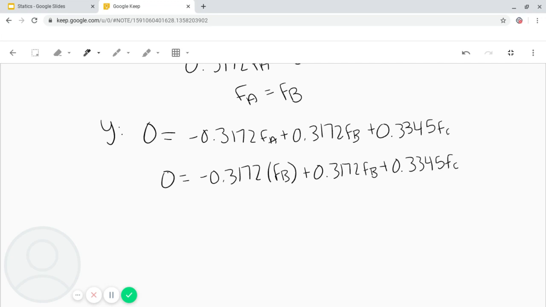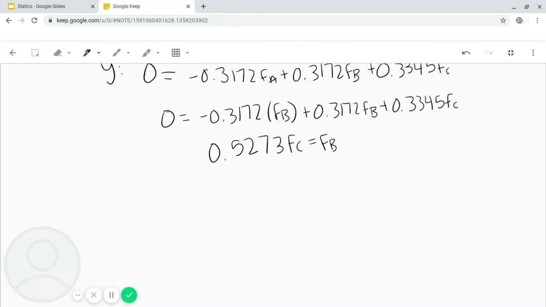And then we can solve. So we can add those two FBs together and then find the relationship between FC and FB. So we'll find that 0.5273 FC equals FB, which you'll find if you solve for FB.